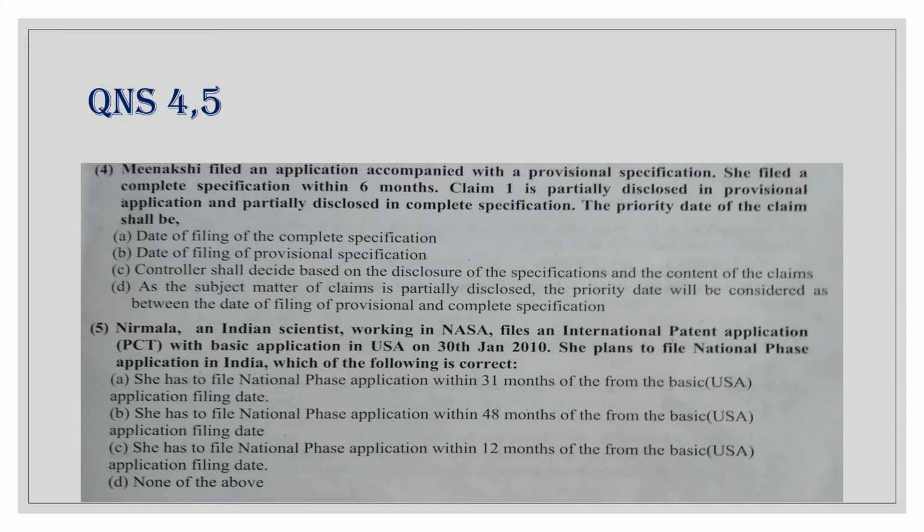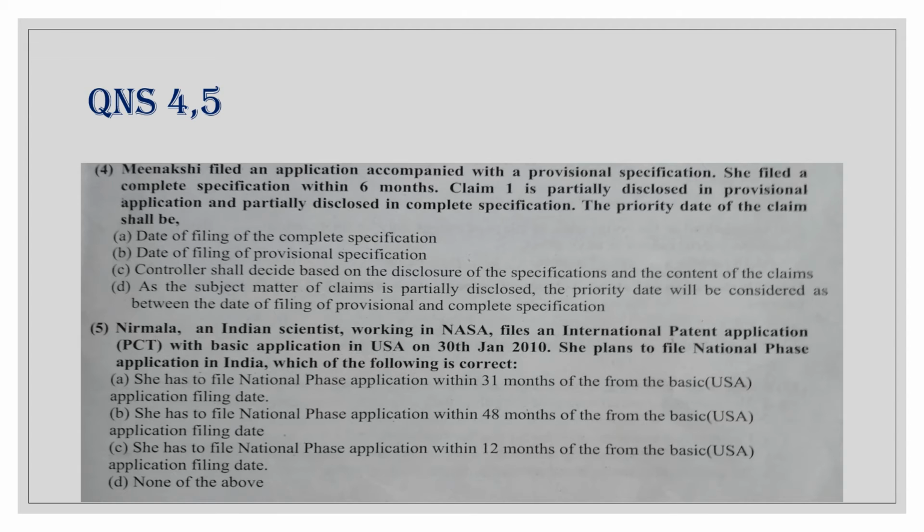Question number 4. Meenakshi filed an application accompanied with a provisional specification. She filed a complete specification within 6 months. Claim 1 is partially disclosed in the provisional application and partially disclosed in the complete specification. The priority date of the claim shall be option A, date of filing of the complete specification.